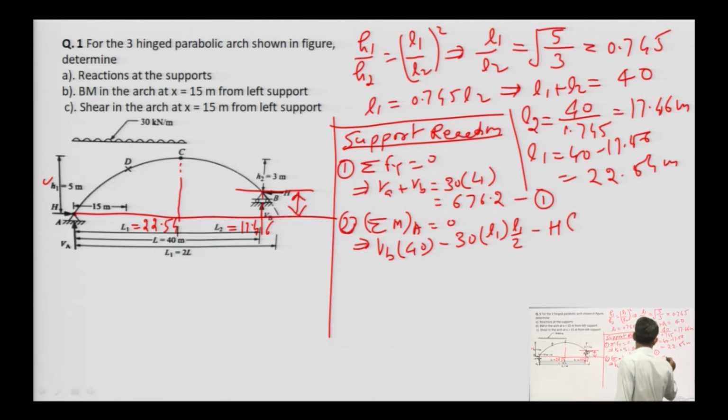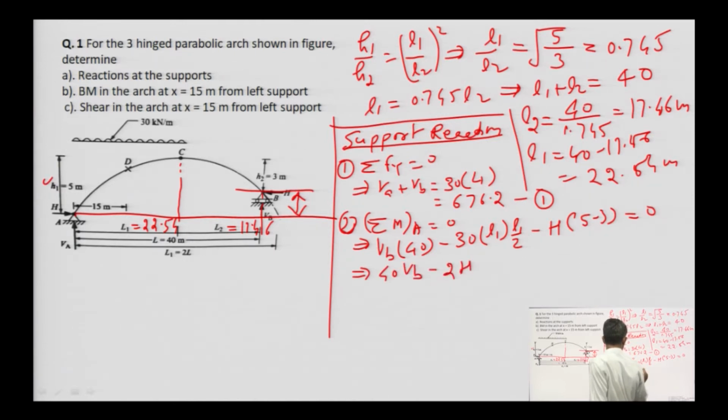So, Y into 5 minus 3 equals 0. Here we will get another equation in terms of VB and H: 40 VB minus 2H is equal to 30 into L1 squared by 2, with L1 as 22.54 squared multiplied by 15. So, it is 7620.7. That is equation number 2.